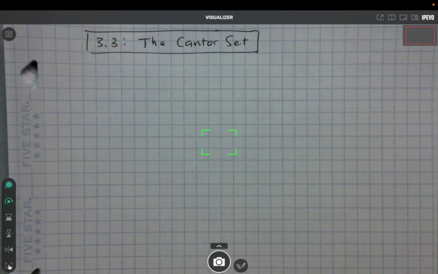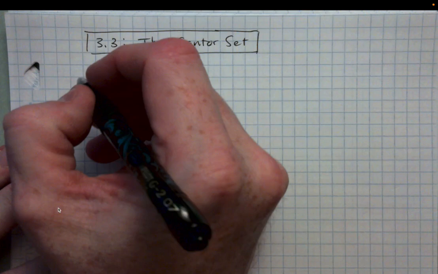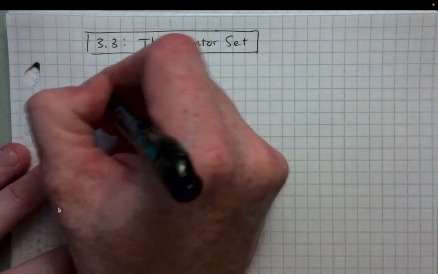So the Cantor set is a very interesting example of a set that's technically a compact set. It just has some very fascinating properties, which we're going to explore a little bit. This Cantor set is named after, if you hadn't guessed, Georg Cantor.